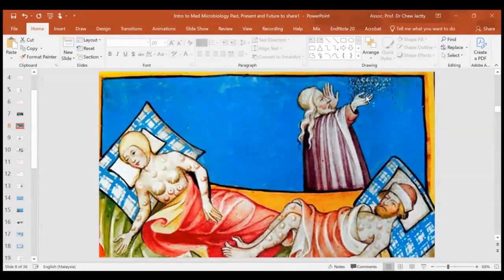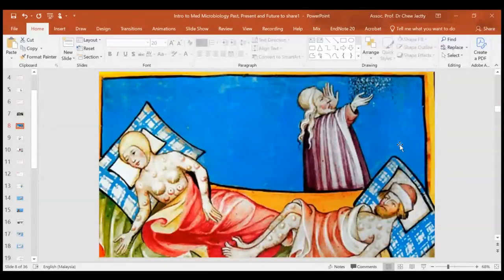Here you see one person praying, in the image. Back then, the cause of infectious disease was not known, and a lot of people got infected and died. It was thought to be a punishment of the god. So not only did it have a medical impact like the death toll, it also had societal and religious impact.